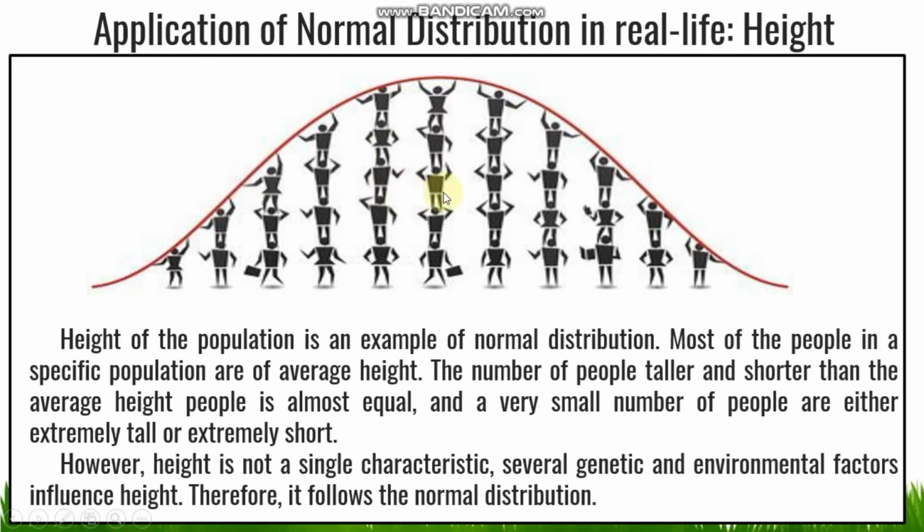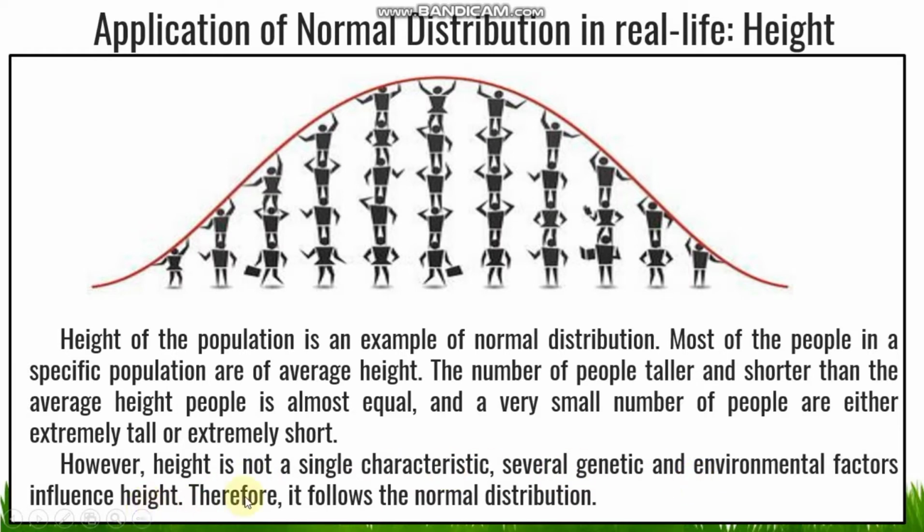So, from this figure, makikita ninyo na yung nandito sa gitna, which are the average, ay mas marami yung tao. And then, yung above average ay pakonti na lang, and then yung below average pakonti na lang din. So, they're almost equal. However, height is not a single characteristic.